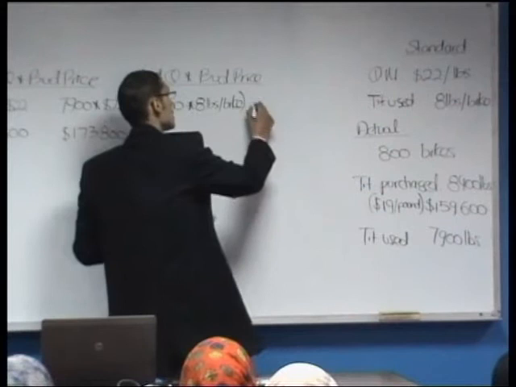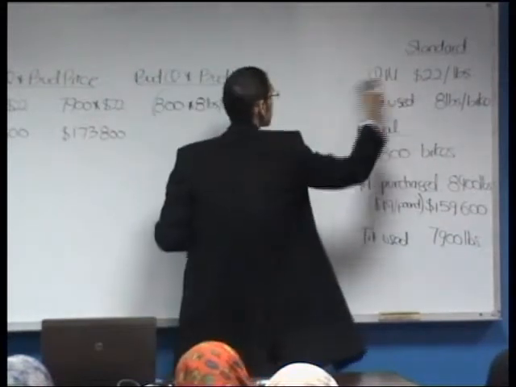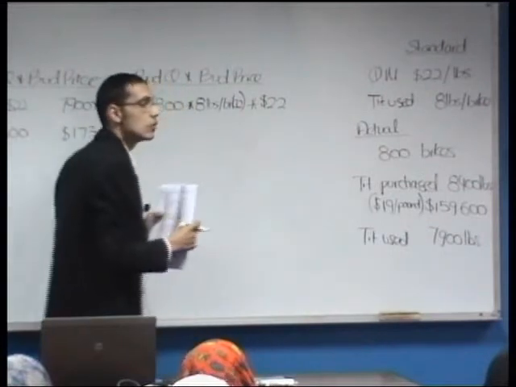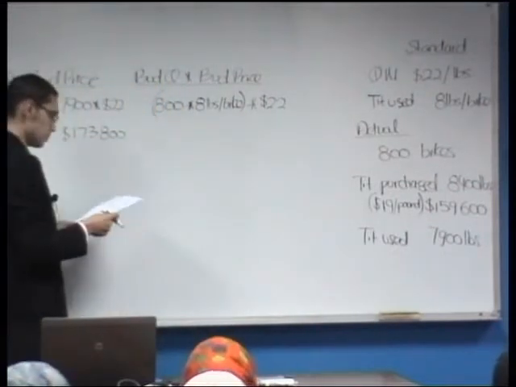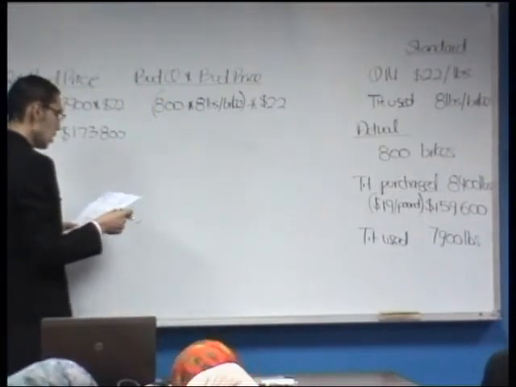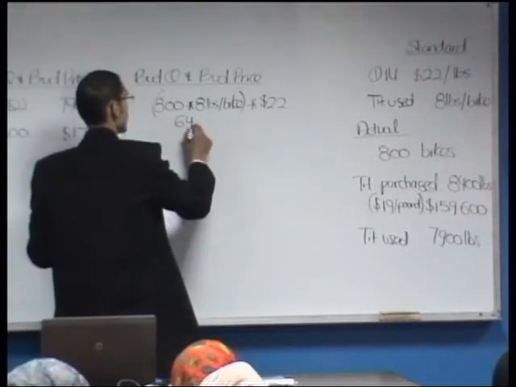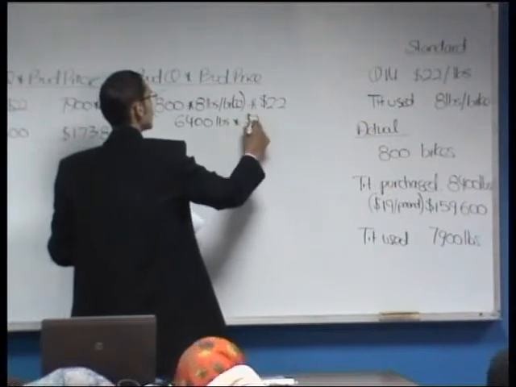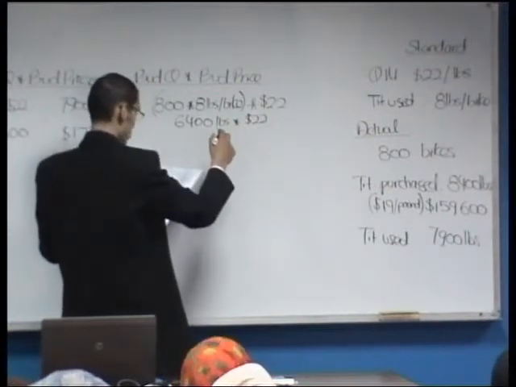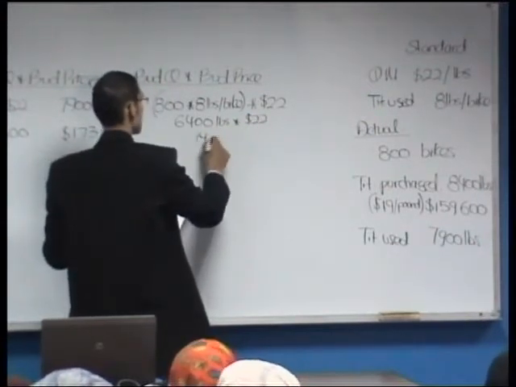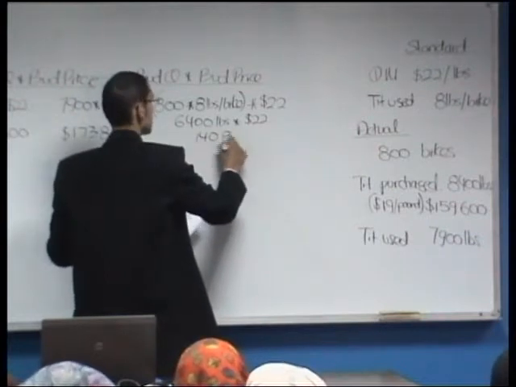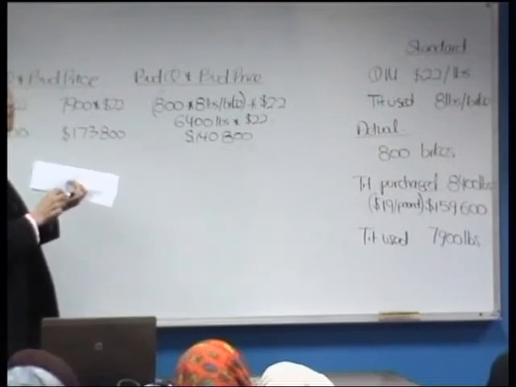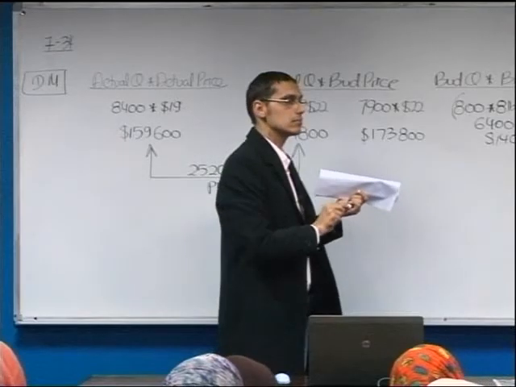Of course, multiplied by the budgeted price, which is $22. Therefore, as we can see here, of course, 6,400 pounds multiplied by 22. Therefore, the amount is 140,800.